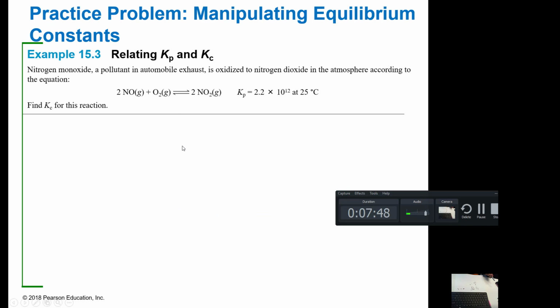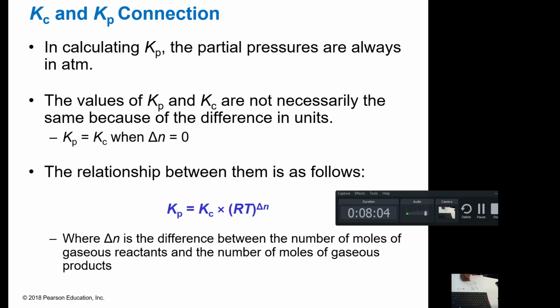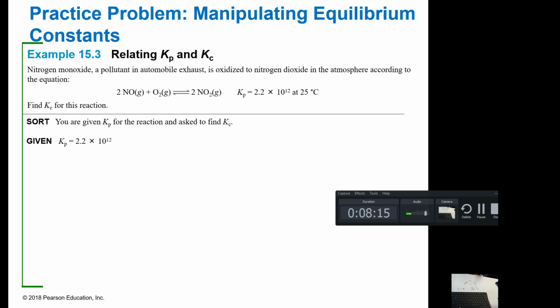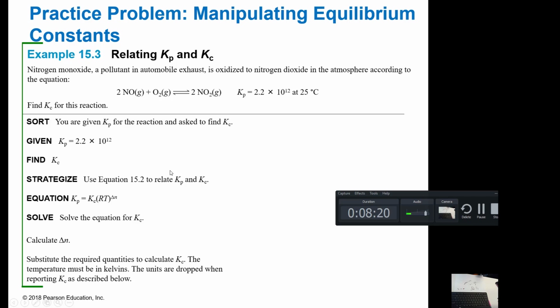So this one: nitrogen monoxide, a pollutant in automobile exhaust, is oxidized to nitrogen dioxide in the atmosphere according to the equation, with Kc given. So for Kp, you use this equation, which is Kp equals Kc (RT) to the delta n, and delta n is only for these two gases. So you write delta n, and you can plug in these numbers.